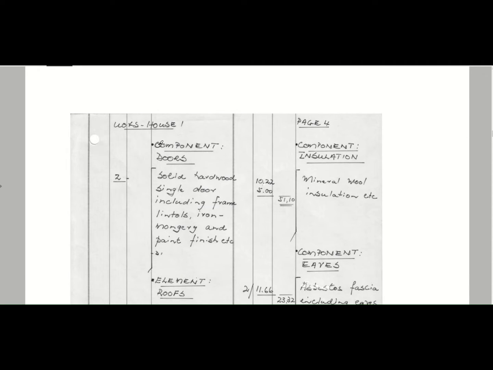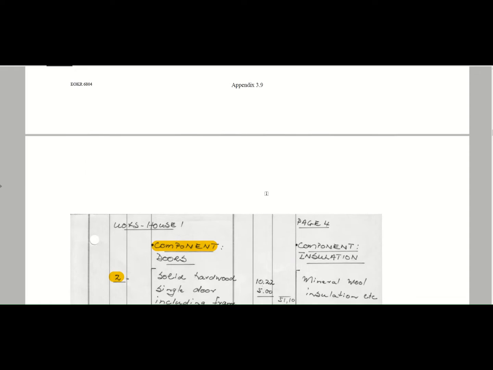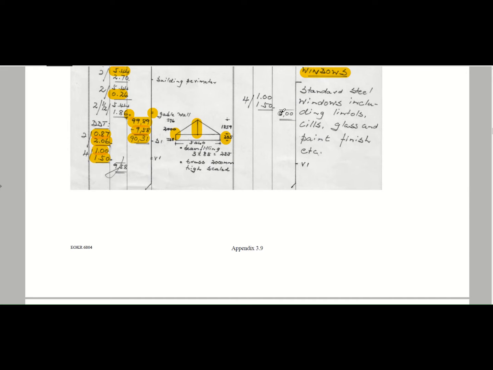So you've got your component for doors. Here you can see it's measured in number. The advantage of having it in square meter is if you've got different size windows and you don't have quotes for it yet, then you can use a square meter rate universal to all of your windows.